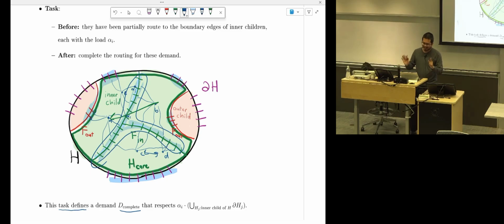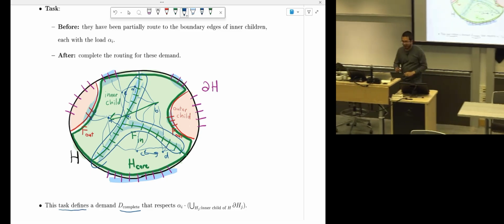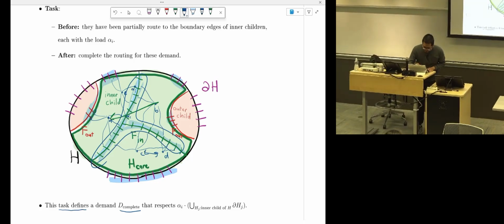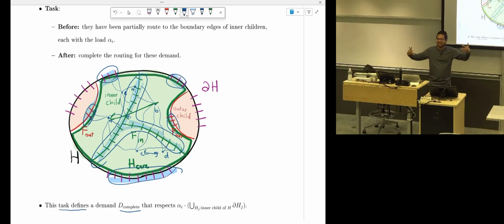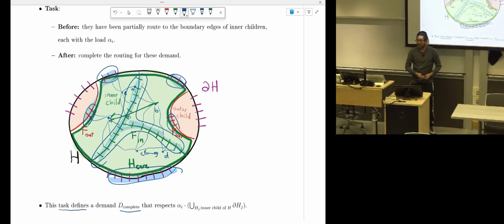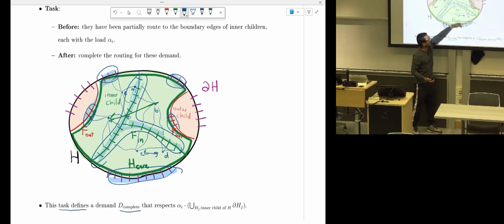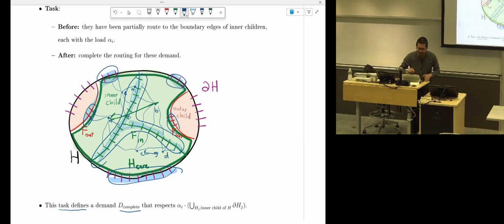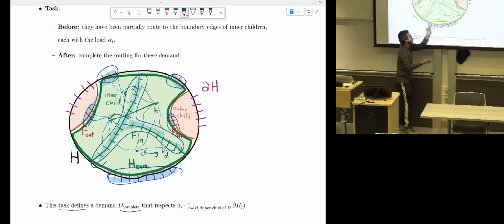But what do we know? We know that all this boundary here, there is no bottleneck that this guy can send to F in. If there were a bottleneck, there would be some other children, like there would be some red cluster. But we have computed max flow between this guy and F in, and there's no bottleneck.